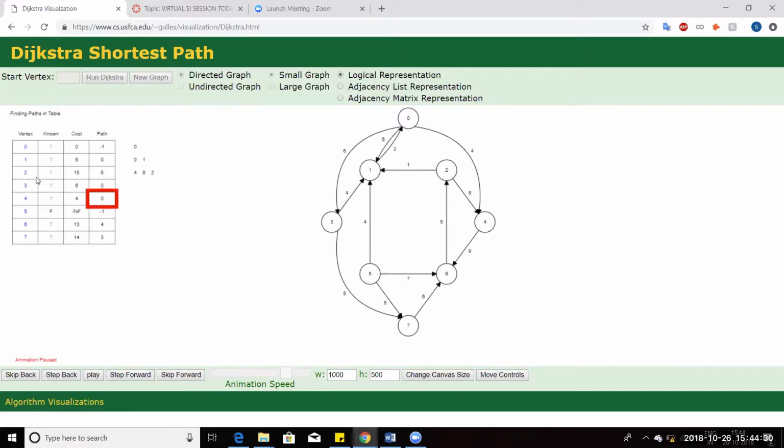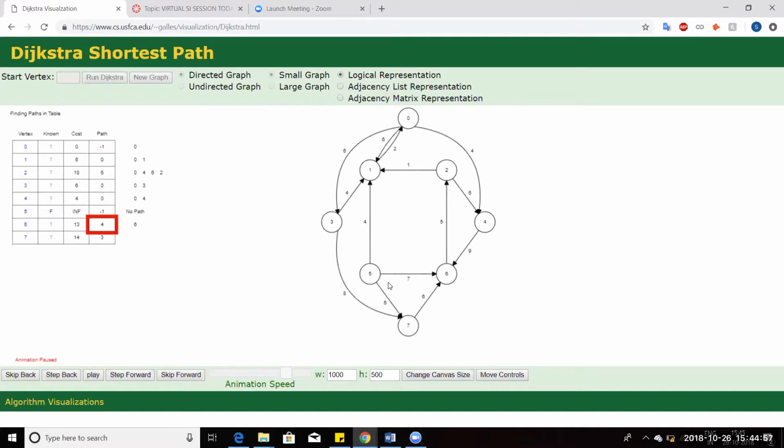In order to go to 2, we had to take from 0 to 4 to 6 to 2. Okay. In order to go to 3, we had to go from 0 to 3, right? And in order to go to 4, we had to go from 0 to 4, right?